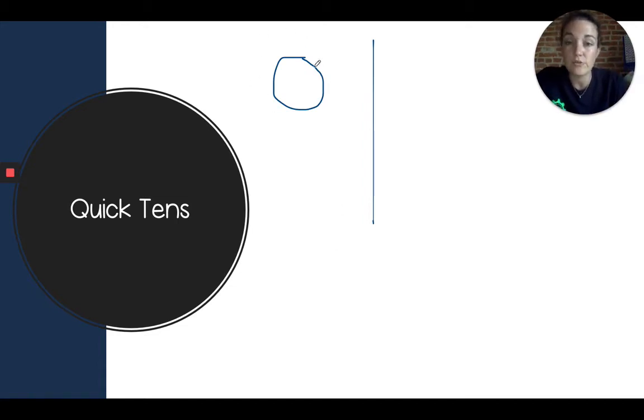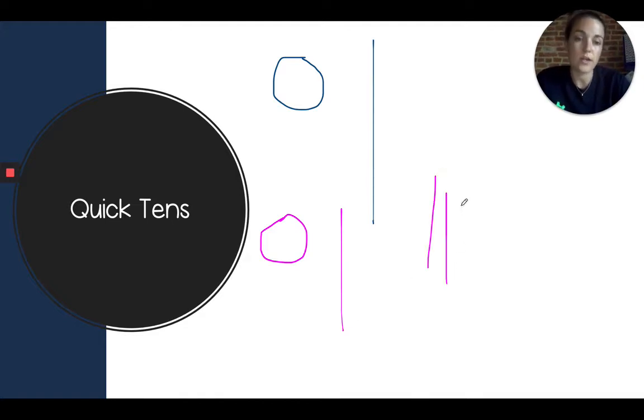So up here, I drew a quick 1 or a circle to represent a 1. Let me do it again. Not the best circle, but I know what it's supposed to be, right? It's kind of hard to draw on a computer. And then we know this stick represents a 10. So if I was counting by tens, 10, 20, 30, 40, 50, I can use my marker on the computer or my dry erase marker at home or my pencil to draw a quick 10.